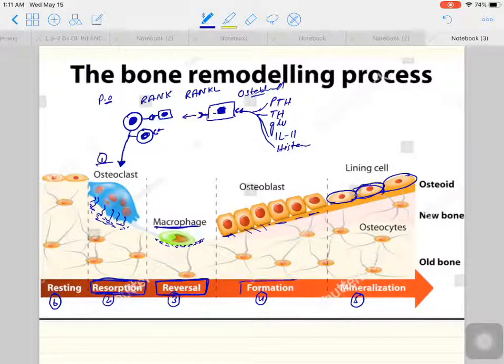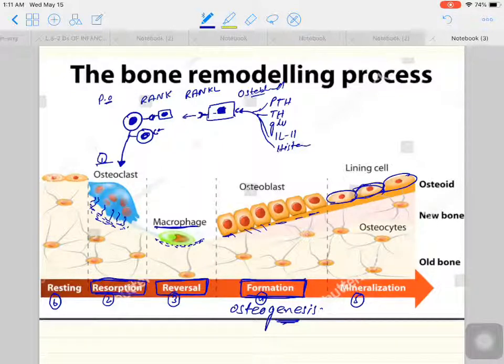So this process, which is carried out by the osteoblast, is osteogenesis. Osteogenesis means the formation of new bone with the help of osteoblast.